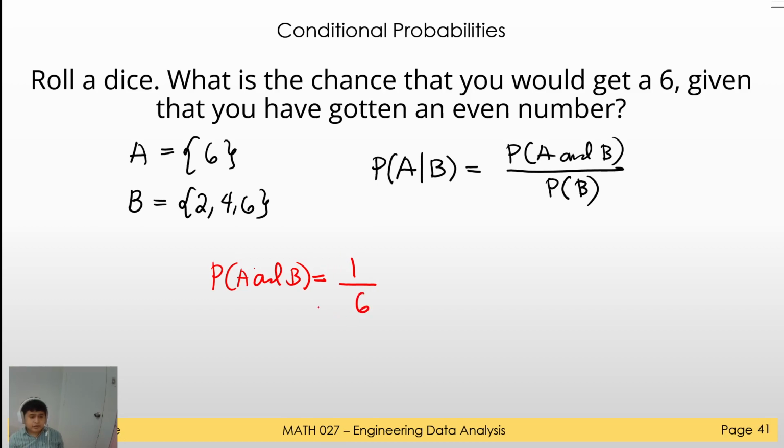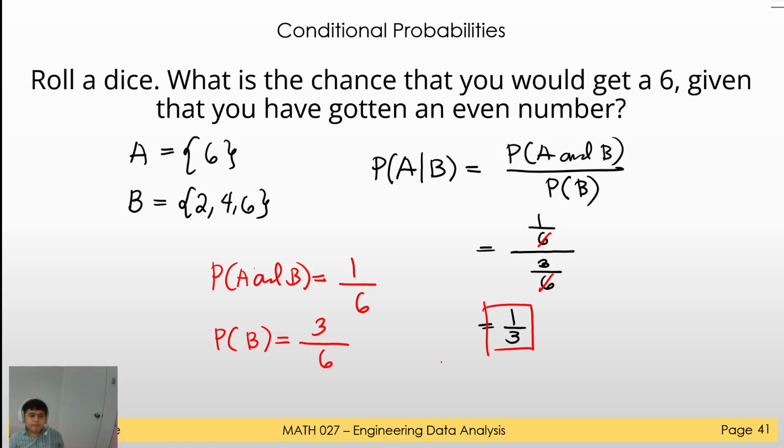The probability of B occurring is how many of these there are compared to the sample space. The sample space is always 6 since we just rolled a die, so this will be 3 over 6. Therefore the probability is 1 over 6 all over 3 over 6. We can cancel out the 6, so we have 1/3.